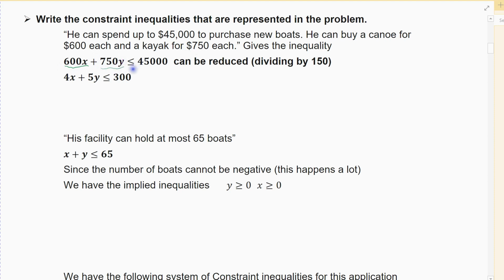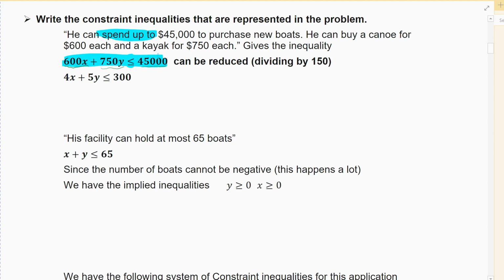And this is the budget, which again, our inequality is up to that amount, meaning you could spend less than it. I can't go over it. So there's the equal to. I can spend $45,000, or technically he could spend less than his budget. He could save some money and use it elsewhere. And that's the inequality from this particular sentence in the application.